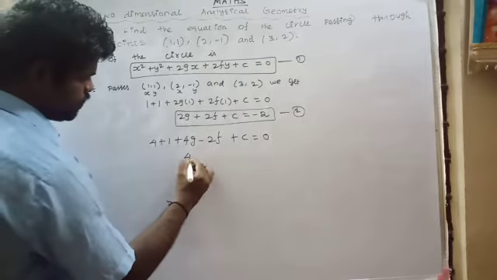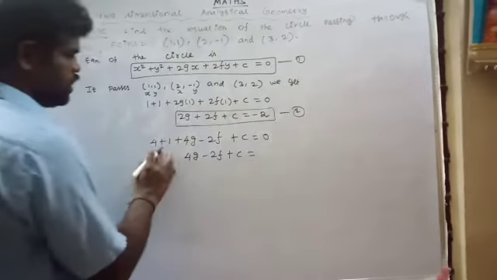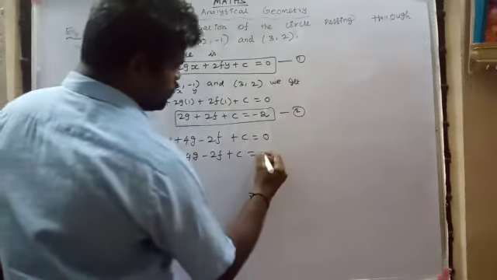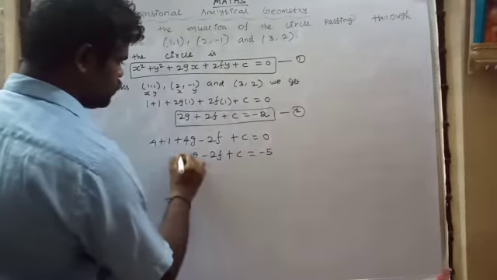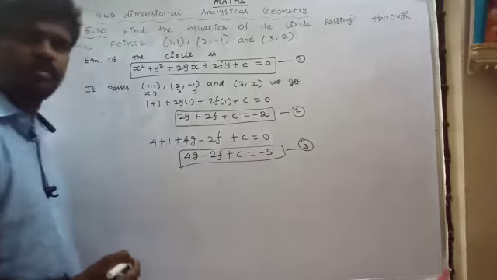Therefore the equation is 4g minus 2f plus c equal to -5, as 5 goes to the RHS. This is equation number 3.